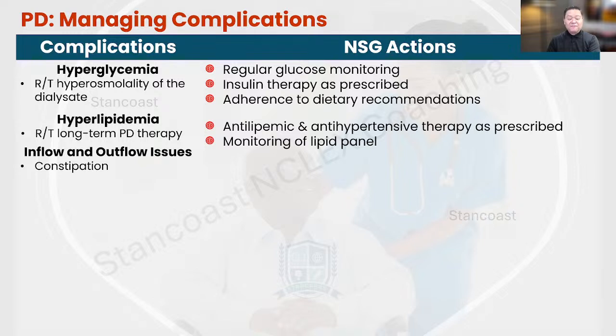And so if this is a patient with peritoneal dialysis and maybe they had constipation for that long, then we're going to have to deal with that, right? And so maybe if there is clot formation clogging the catheter, that could also cause some problem with the outflow. And same thing maybe with a catheter displacement.